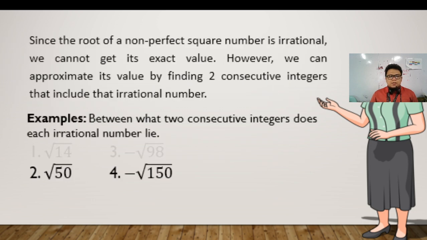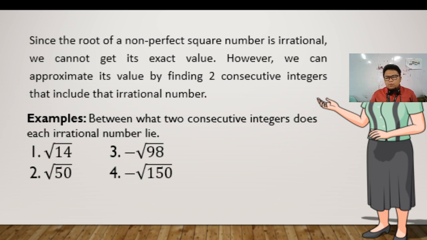Since the root of a non-perfect square is irrational, we cannot get its exact value. However, we can approximate its value by finding two consecutive integers that include the irrational number.